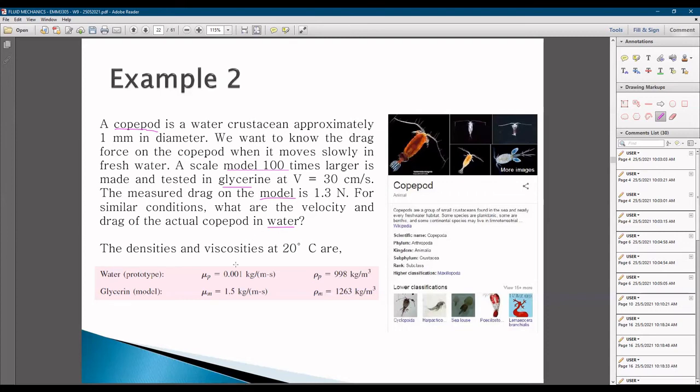If you refer to this, you can see that for water, the density is about 1000, or 998 kg per meter cube, and for glycerin it is a little bit higher, which is 1263 kg per meter cube. Similarly for the viscosities, there are differences, and quite high, between water and glycerin.